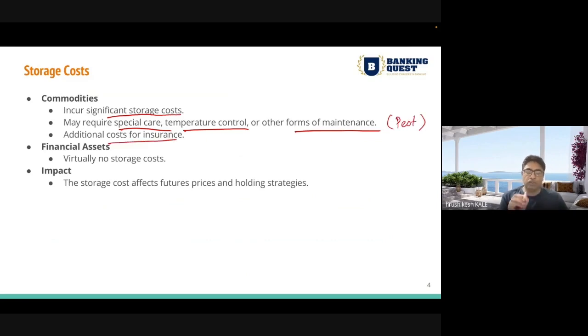Additional cost of insurance also needs to be purchased. That is not the case with financial assets. These are the cases with just commodity assets. Therefore, the storage cost affects the future price and holding strategies in commodities. And therefore, we have a separate chapter for calculation of the price of commodity futures.